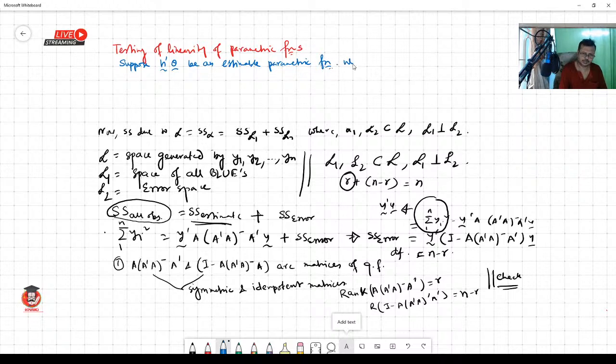We want to test H naught: h curl prime theta curl equal to xi, where xi is a scalar quantity, a given constant.